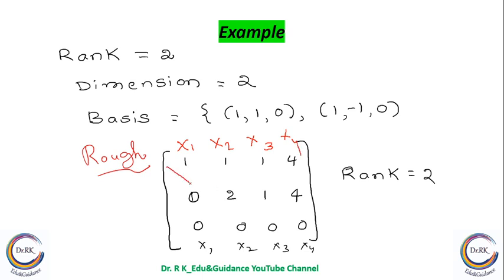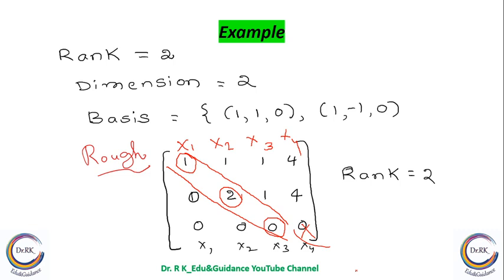Now we look at the principal diagonal. Wherever the principal diagonal entries are non-zero, the pivots, generally 1, the corresponding vector is linearly independent. So this is a linearly independent vector, and this is another linearly independent vector. Here it is not, and similarly this one is not.